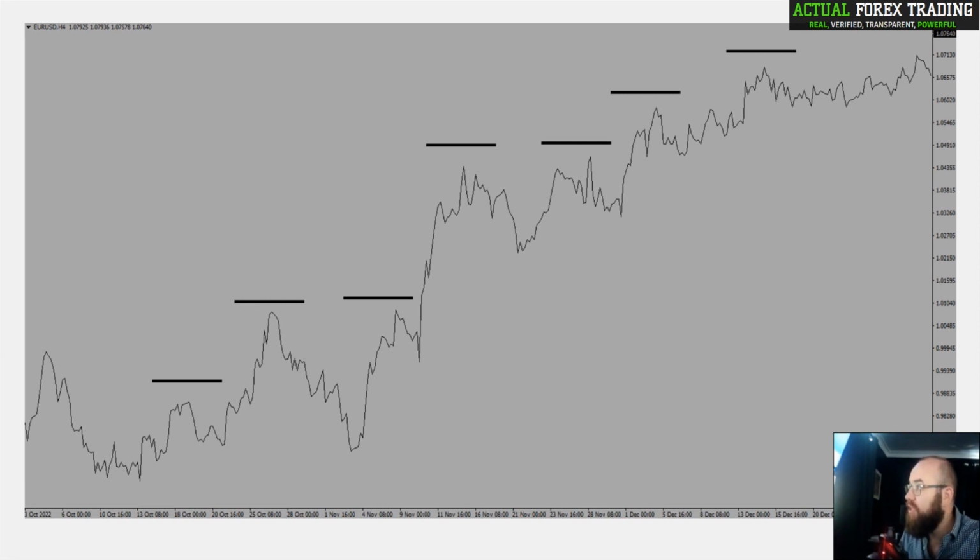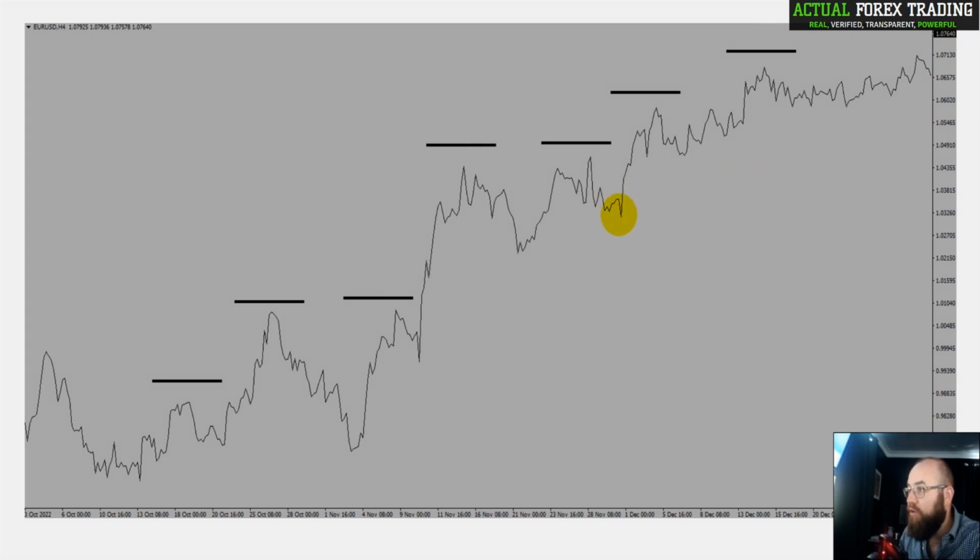Each time price forms one of these peaks, they're higher than the previous peaks. This is referred to as higher highs, higher swing highs, prices forming new highs. This is the main characteristic of an uptrend. Higher highs. Each time we rally up, we are higher than the previous rally.